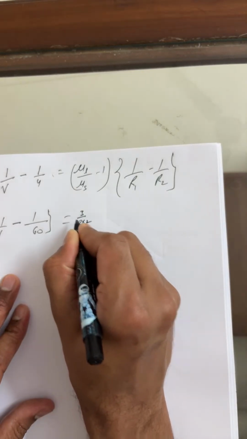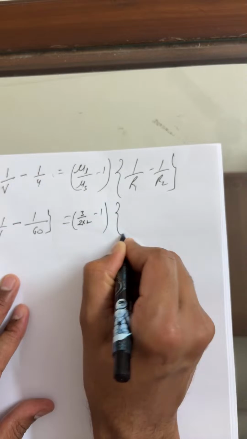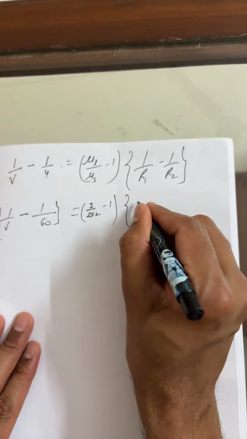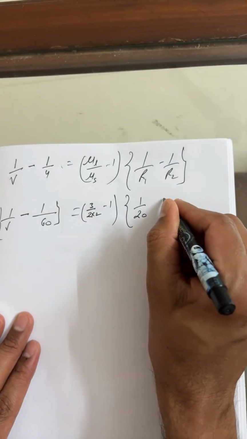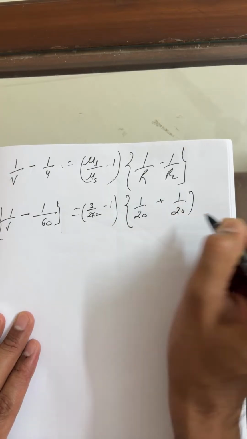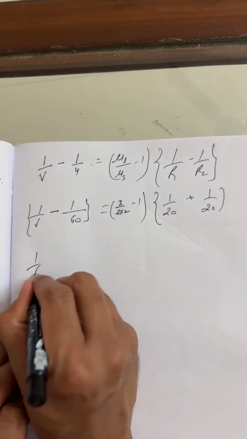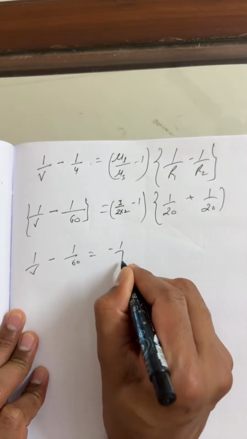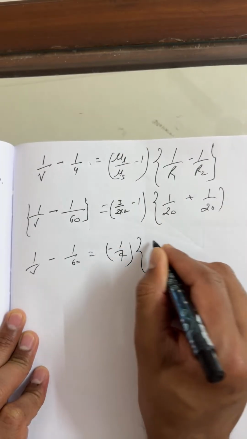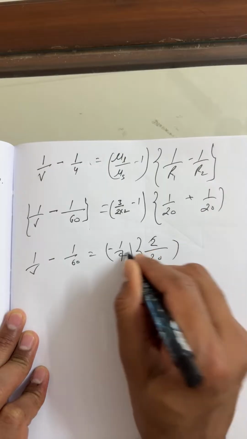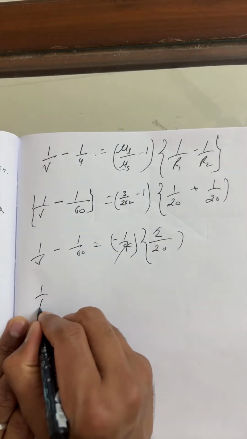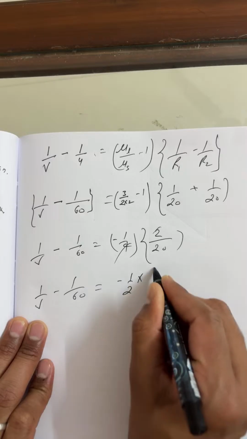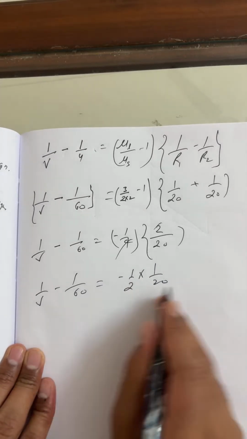So this is 2 minus 1, 1 upon R1, which is plus 1 upon 20, and minus, plus. I hope all of you understand how I wrote plus. So 1 by V minus 1 by 60 is equal to minus 1 by 4 into 2 by 20. So this cancels: 1 by V minus 1 by 60 is minus 1 by 2 into 1 by 20, so minus 1 by 40.